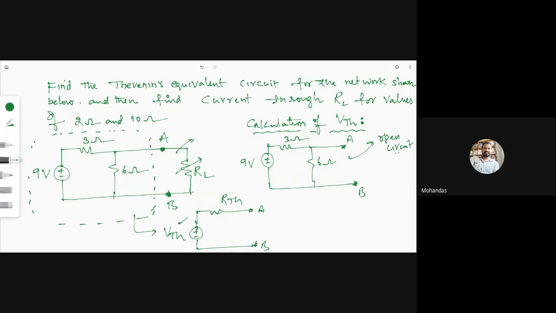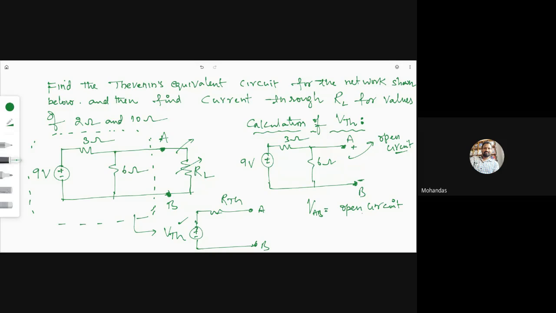So at this particular terminal, we can measure the voltage across AB. That voltage is called the open circuit voltage, as removal of RL creates an open circuit.